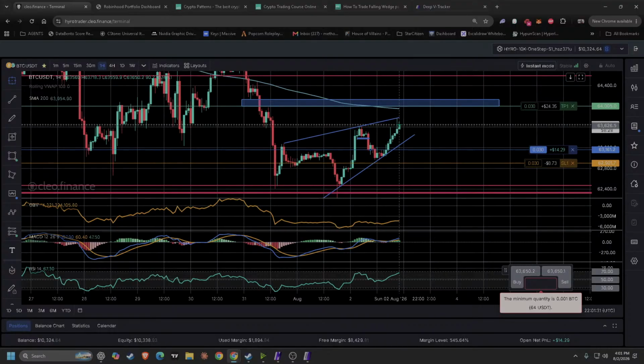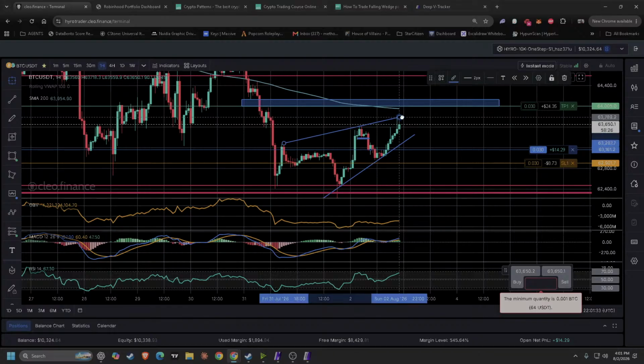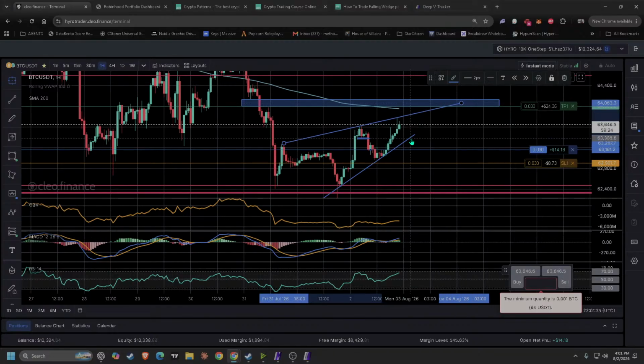So that's interesting. That's an ascending wedge for the moment.